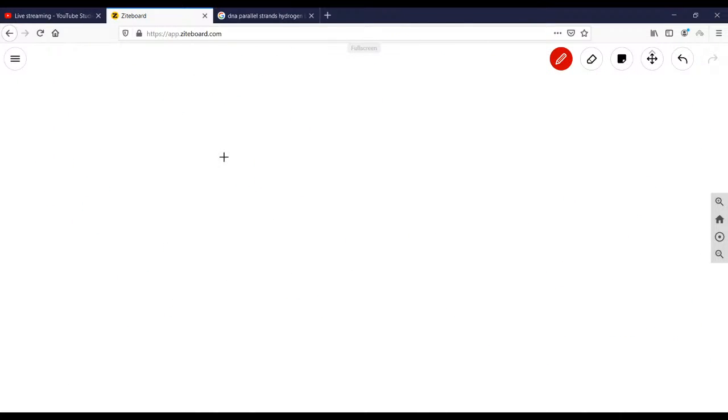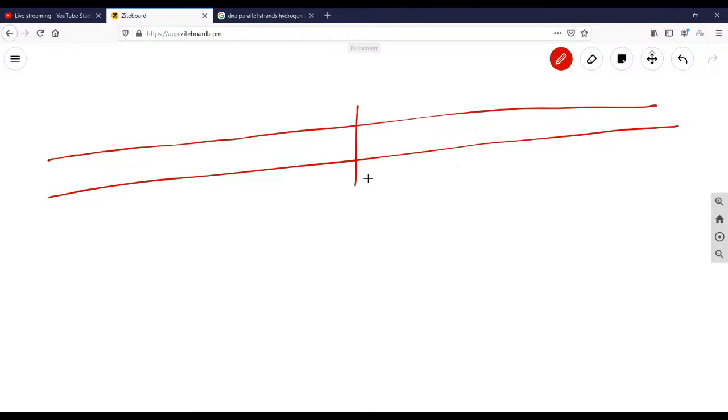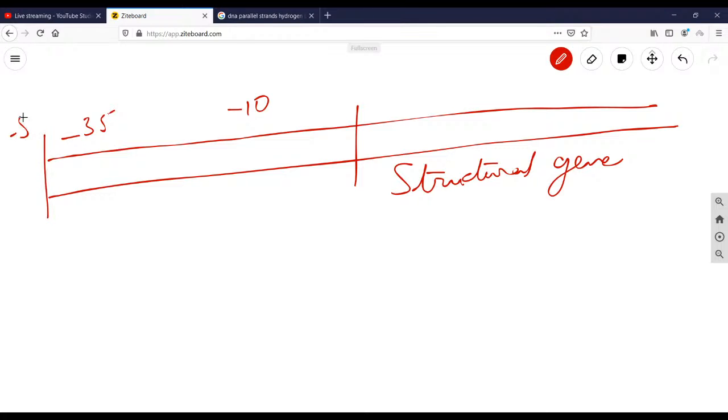So now we had talked about the promoter sequences. The promoter could be, this is your DNA, anywhere could be a structural gene. This is the first codon, which starts with AUG. Then anything here, minus 10 region, minus 35 region, then minus 55 region.